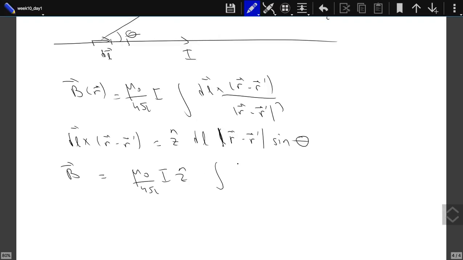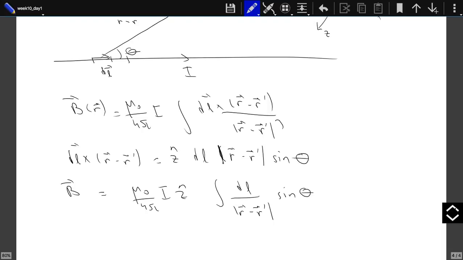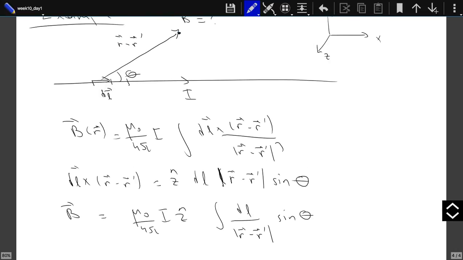In the z direction, the integral of dl over r minus r prime times sine theta. Well, let's say this is d. My point is at a distance d from my wire.